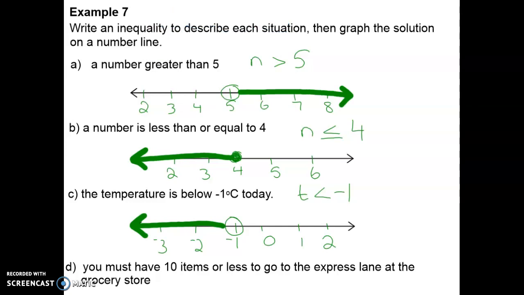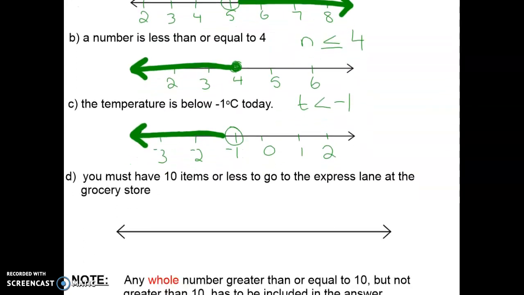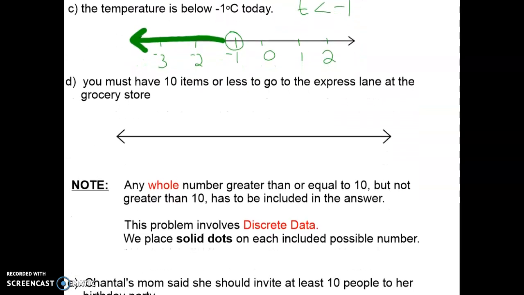All of those are solid lines when we shade to the left because they're all continuous. The next one you have to be a little bit careful about.